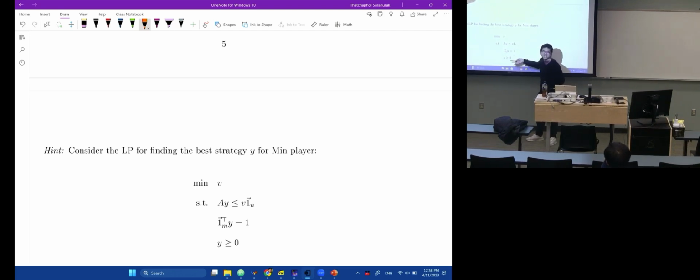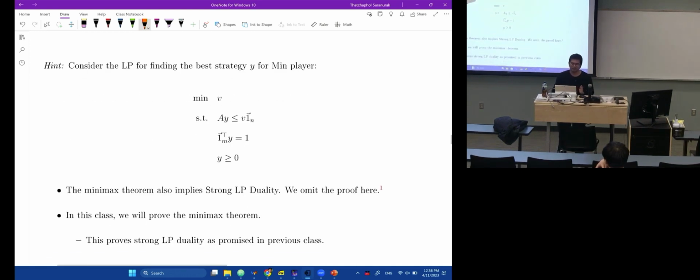So you see, this is like an LP for finding the best Y. If you look at the dual, it's going to be an LP for finding the best X. And because of strong duality, the value here will be the same. And it implies the Minimax theorem. So that says that, if you assume strong duality, the Minimax theorem follows.